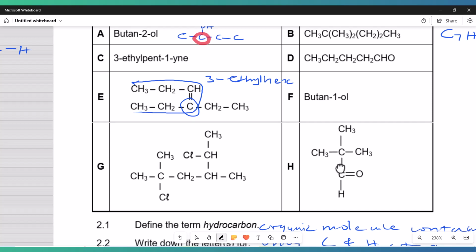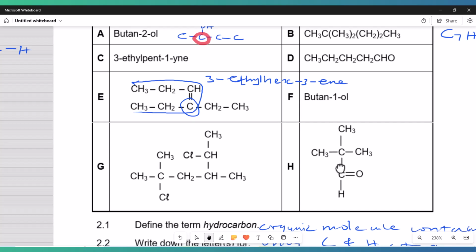Now, where is my double bond? On carbon number 3, so it's going to be hex-3. Being an alkene, it must end with ene, hex-3-ene, which is 3-ethylhex-3-ene.